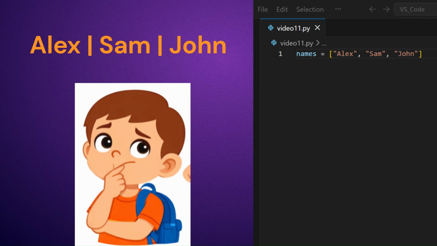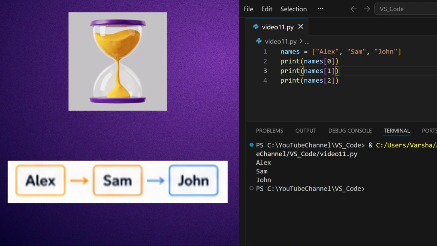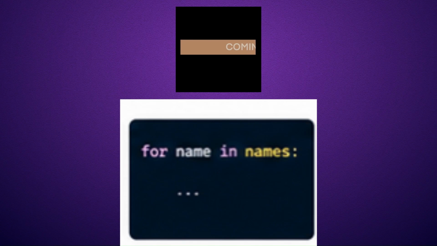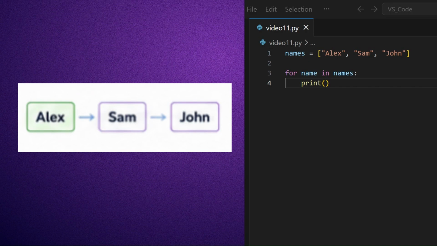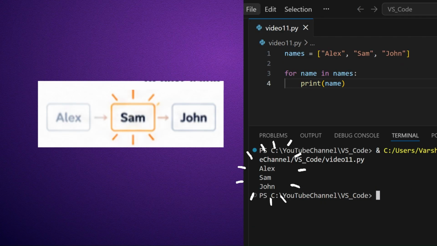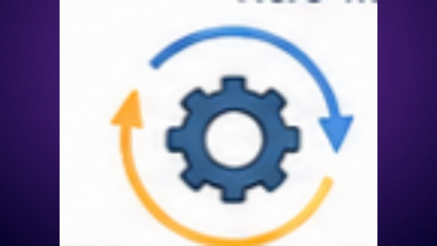Now, Alex wants to work with each element in the list. Instead of accessing items one by one, Python allows us to loop through the list. The looping part we will see later in detail, but this is where list and loops work beautifully together. Alex uses a for loop to go through the list. The loop automatically picks one value at a time. Here, what happens internally?